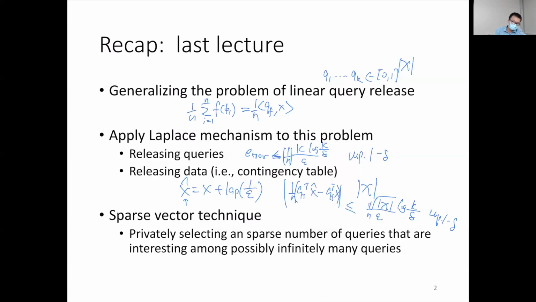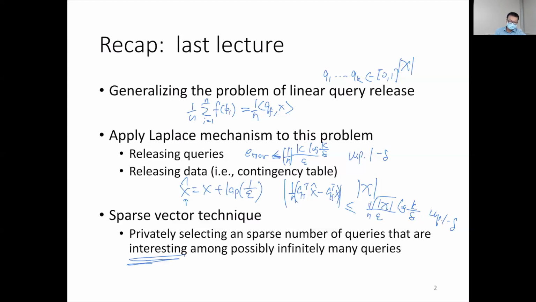And to start, we introduced this idea called sparse vector technique, motivated by the need of selecting a subset of queries from a possibly very large number of queries. And we want to select those queries where the answers are likely to be interesting. And how we consider queries to be interesting is that their values on this particular data set is larger than a particular threshold.